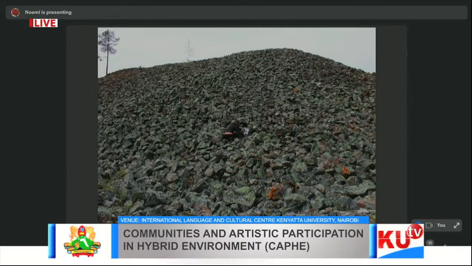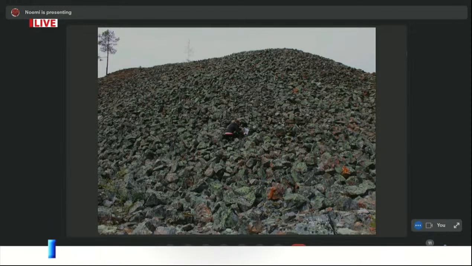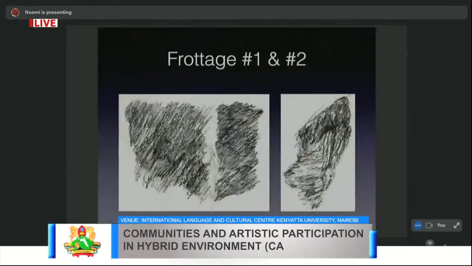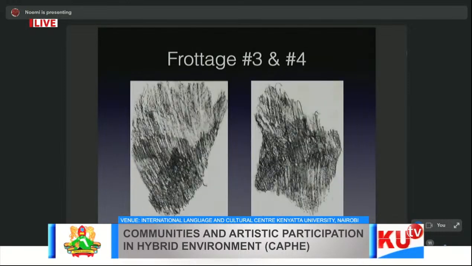In order to extract the cobalt, they had to remove tons and tons and tons of material. And of course, you have to put it somewhere. So you just put it in the surroundings, making all these mountains of leftovers that I thought were quite impressive. So these are some of the images from the frottage that I did there.